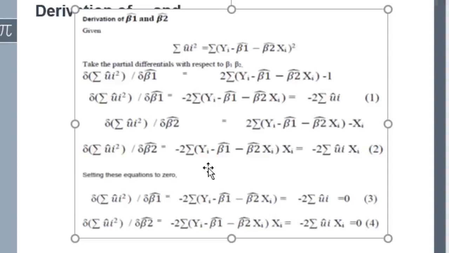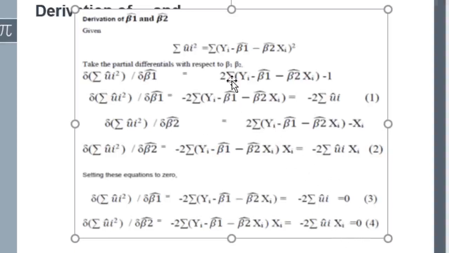In the next step, we are going to set these two equations equal to 0. That is, minus 2 sigma yi minus beta 1 cap minus beta 2 cap xi equal to 0, or minus 2 sigma ui cap equal to 0. Similarly, equate this also to 0: minus 2 sigma yi minus beta 1 cap minus beta 2 cap xi into xi equal to 0, or minus 2 sigma ui cap into xi equal to 0.